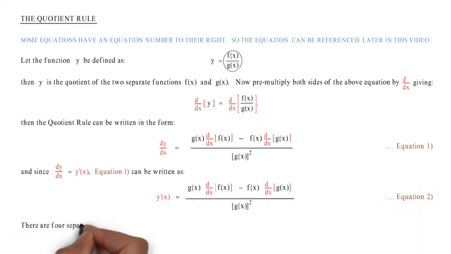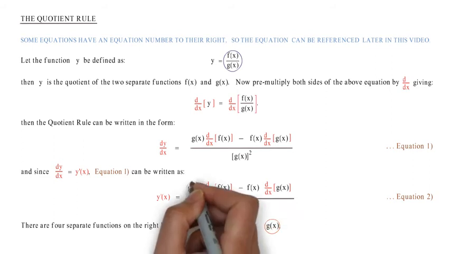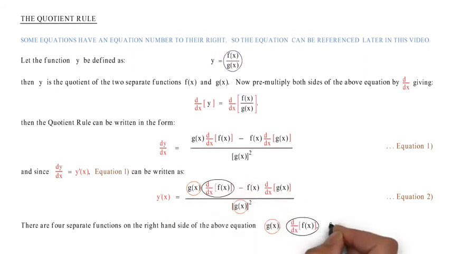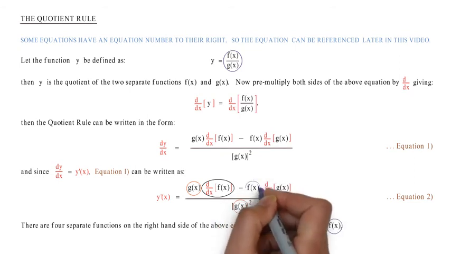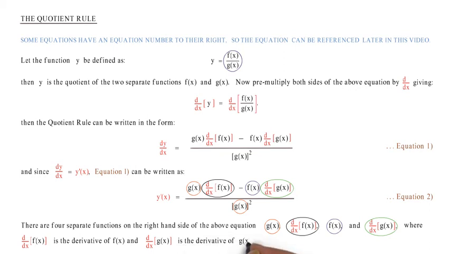There are 4 separate functions on the right-hand side of the above equation: g of x, d dx of f of x, f of x, and d dx of g of x, where d dx of f of x is the derivative of f of x and d dx of g of x is the derivative of g of x.